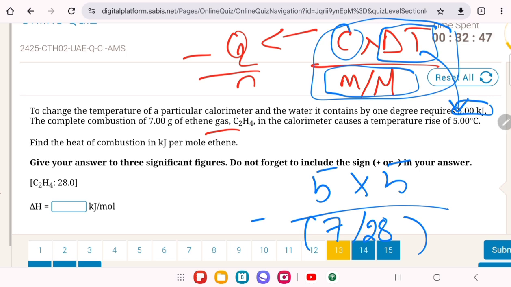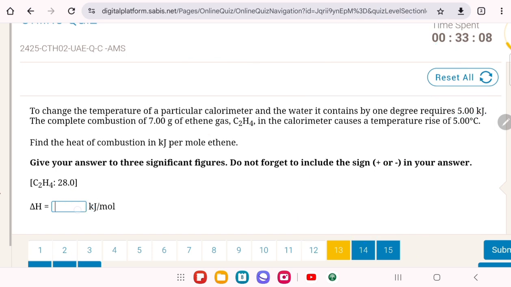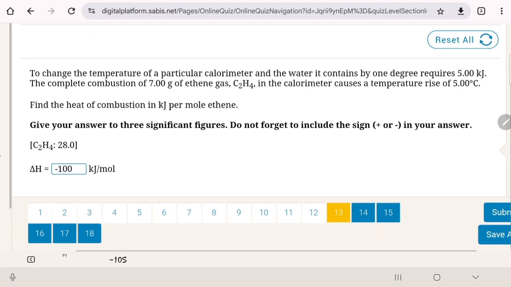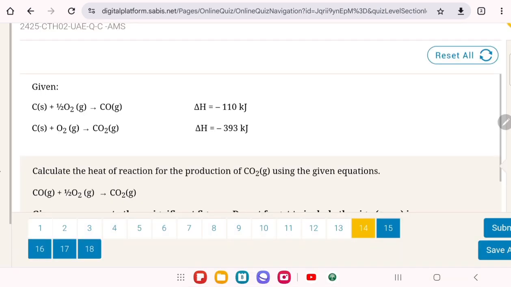So it is going to be minus 5 times 5 over 7 divided by 28. We are going to get negative 100 kilojoules per mole. Question number 14.